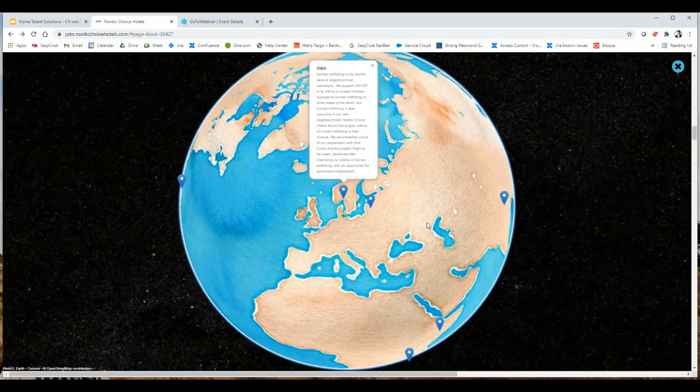Here we have, for example, Oslo, Africa, the Baltic countries and so on. I think this is really, really nice because then the candidates think, oh, they are really into the environment. This is spot on what I also believe in, so to speak. Yeah, I know the text is really small, but it says we support UNICEF in its efforts to protect children exposed to human trafficking. So that's one of the things they do.